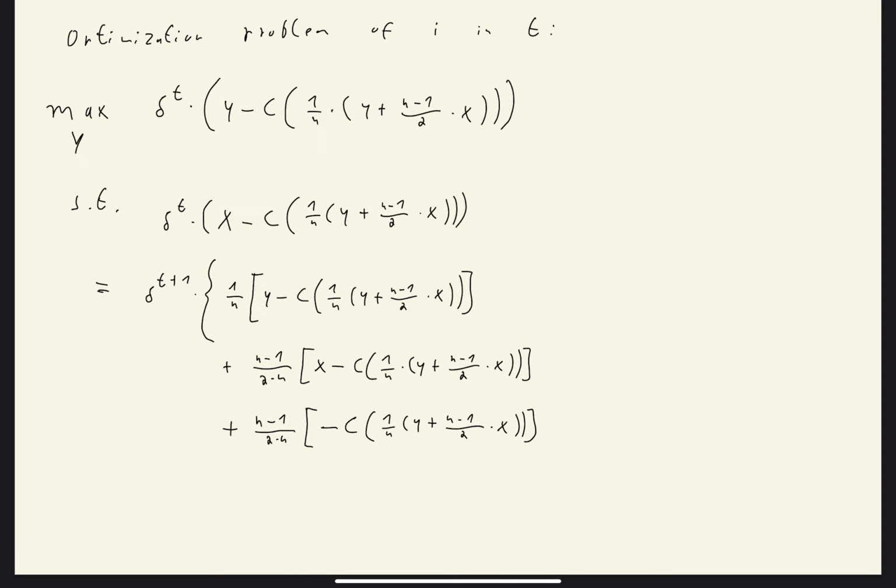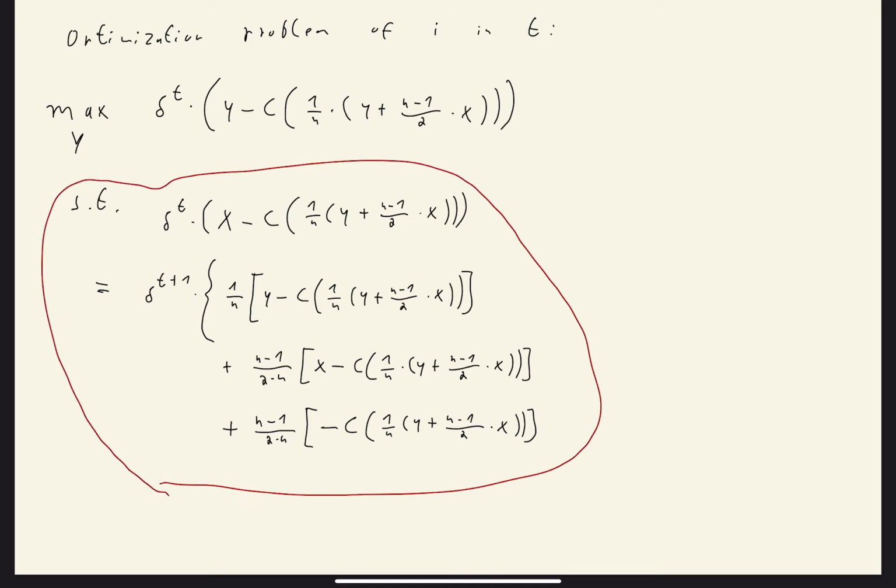Now what we can do is we can rewrite the constraint here on the right in a much simpler way by solving for the cost function. So let me just do this.